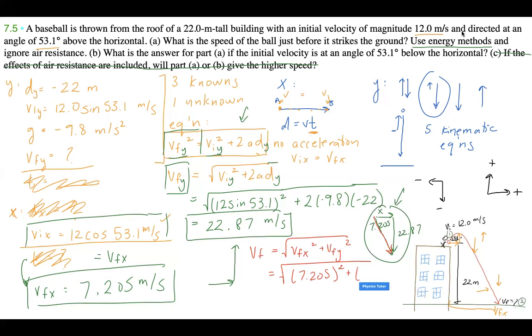Sorry, I'm writing it out and then I'm going to plug it into my calculator, and then we'll see if we get the same answer as when we used energy methods. But just see how much more math and writing and time and thinking that took.